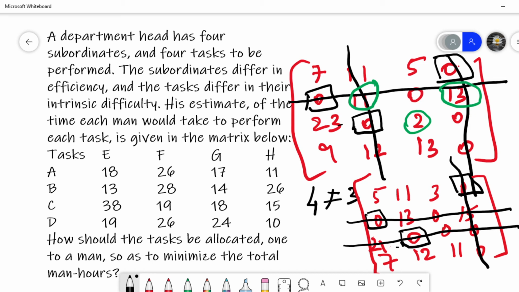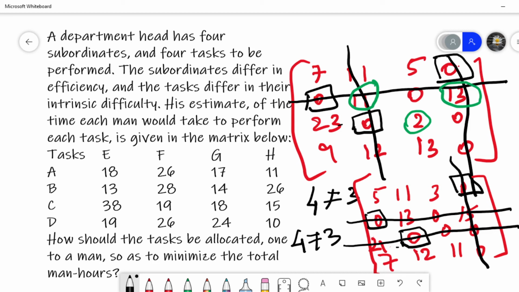So again check whether the number of assignments is equal to the number of rows. So the number of rows is 4. Then the assignment is 3. So 4 is not equal to 3. Okay.